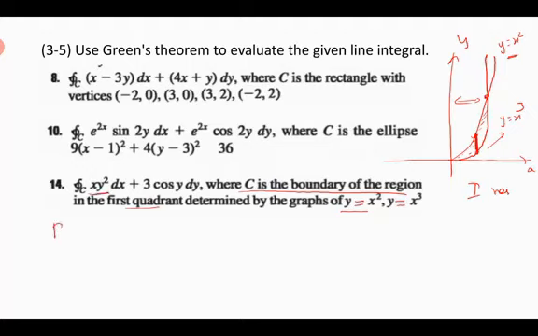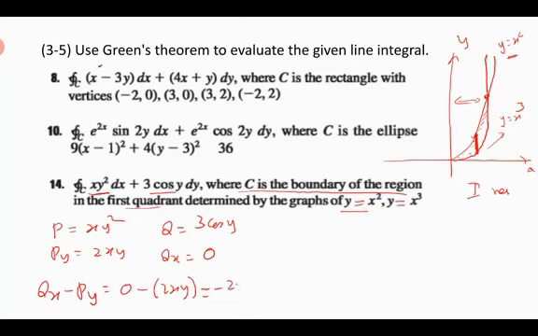Take this as your p. P is xy square, py is 2xy, and q is this one, 3 cosine y. Qx is 0. Therefore qx minus py is equal to 0 minus 2xy, which is minus 2xy.